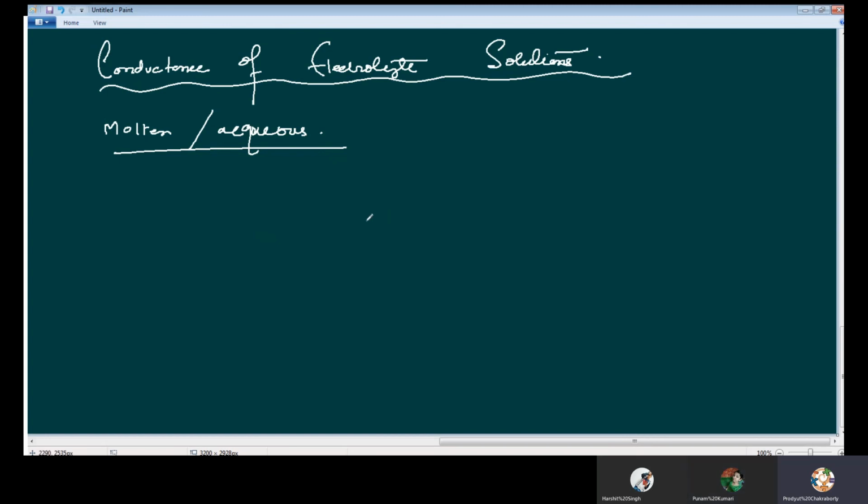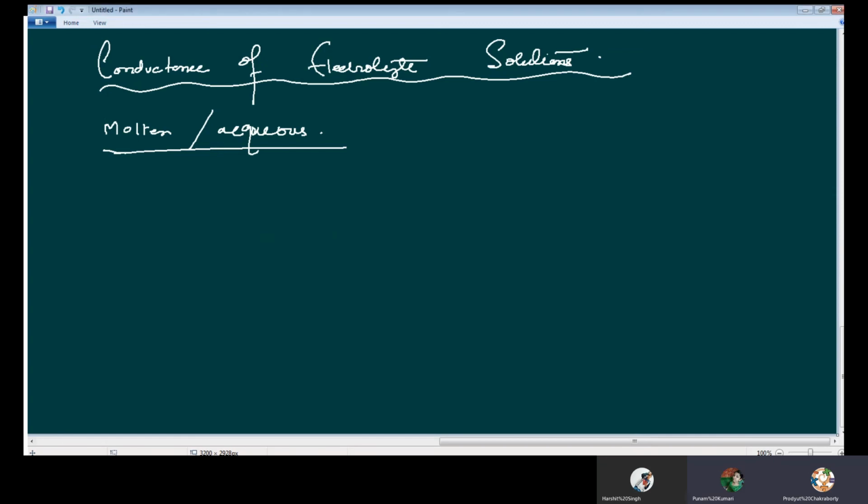In the electrolyte solution, the ions are responsible for the conductance of electricity. Now, we will be discussing the electrolyte obeying Ohm's law. In that cell we were taking Zn and Cu2+.